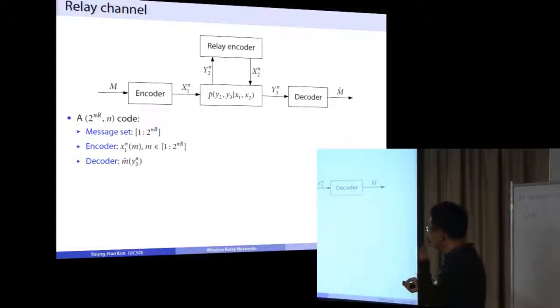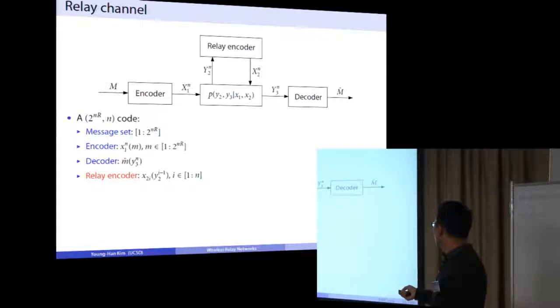Here we want to send one of 2 to the NR messages over N uses of the channel, so the rate of communication is R. The encoder simply maps the message M into its codeword X1^N. The decoder would like to decode Y3^N, that is Y3,1 up to Y3,N, and recover the message M. The burden is on the relay, which causally observes the Y2 sequence, and based on that generates a new signal X2.